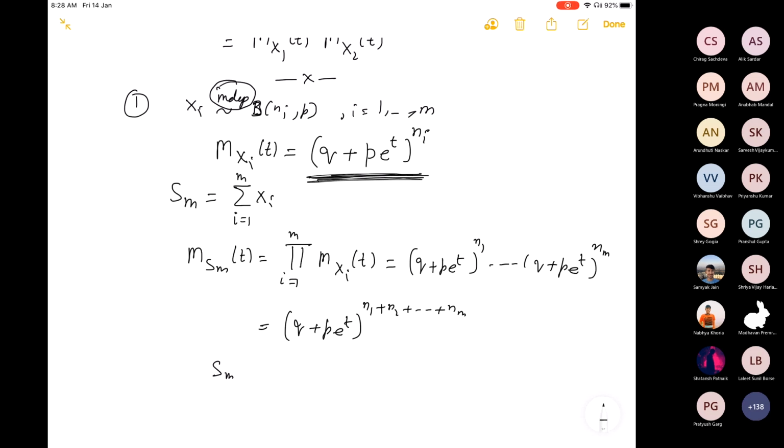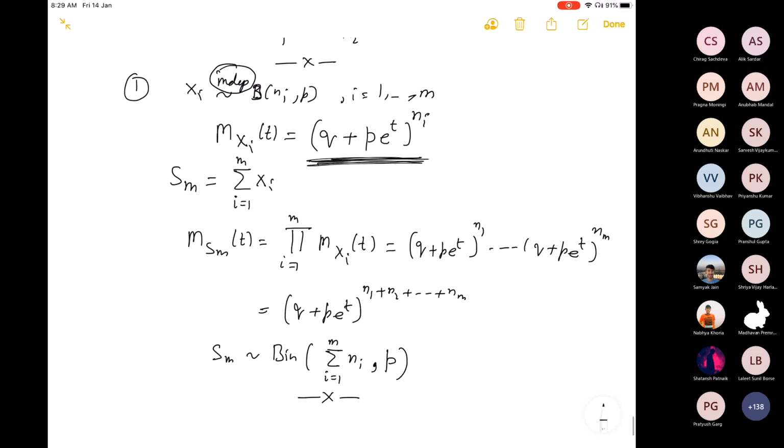So clearly, by the uniqueness property of the moment generating function, Sm will be binomial with the summation of ni, i from 1 to m, comma p. Okay, so in this fashion, we can show some of the proofs.